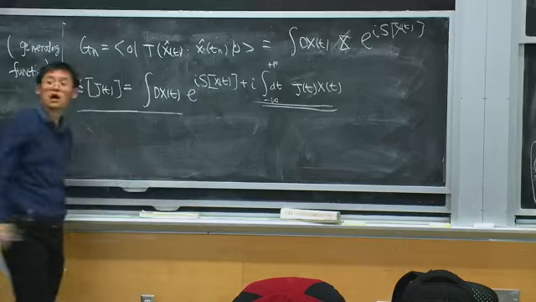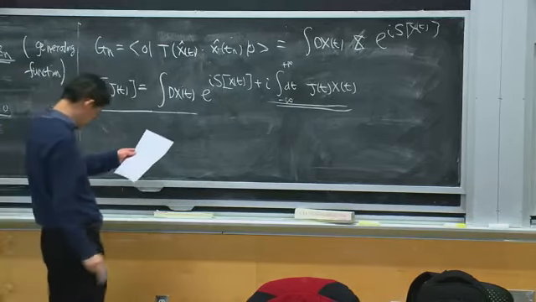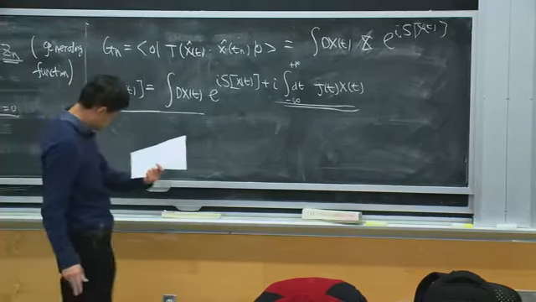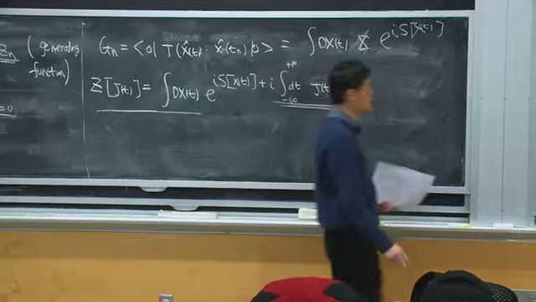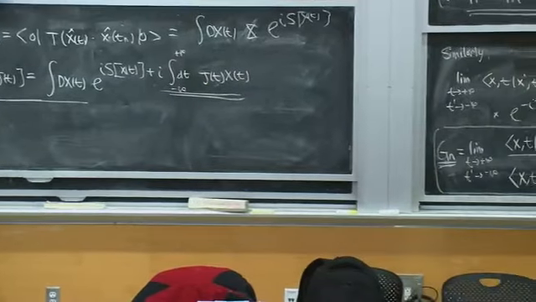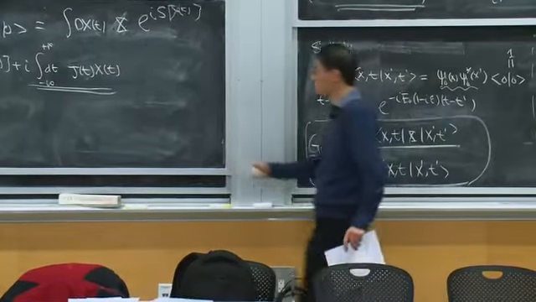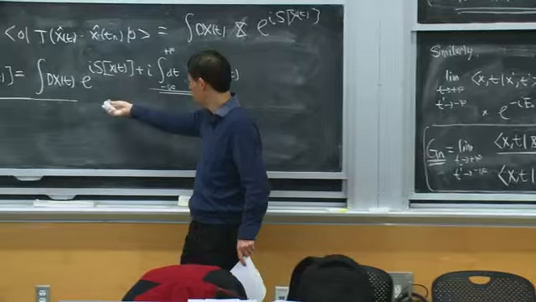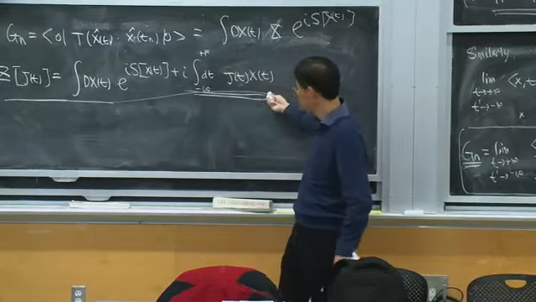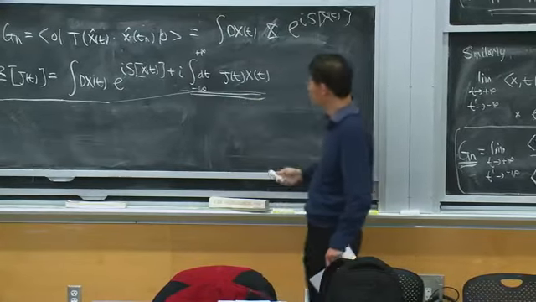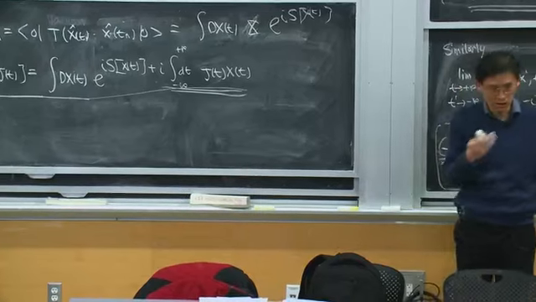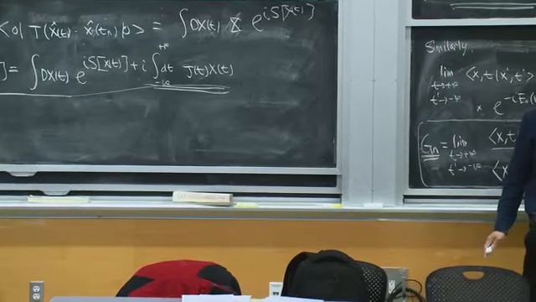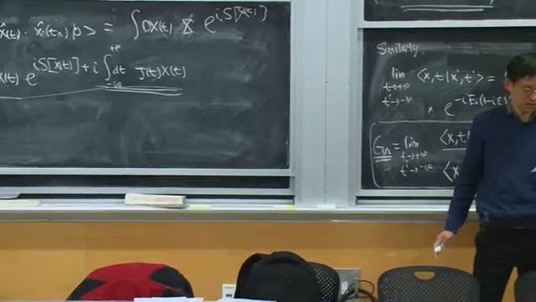We will discuss that in more detail next time. So often instead of computing this object directly, we compute a so-called generating functional, which often makes things much easier.